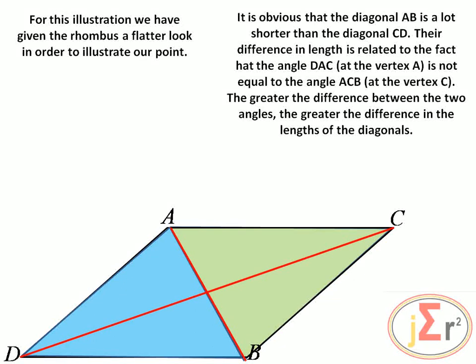Their difference in length is related to the fact that the angle DAC, the one that we have right here, this angle at the vertex A, is not equal to the angle ACB, which is this one.